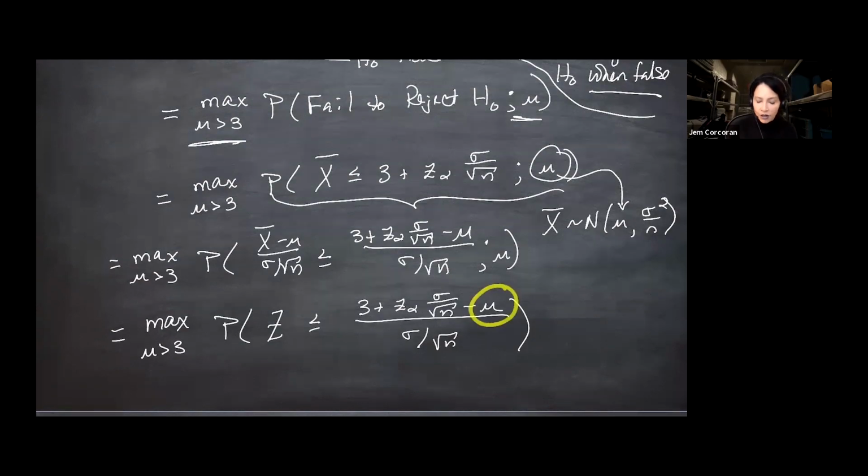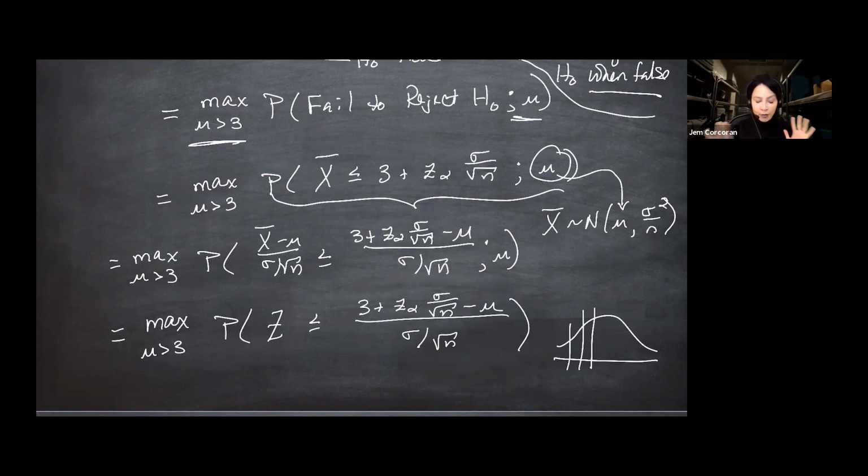As mu gets larger, this number gets smaller, and we have the probability that a standard normal is less than something that's smaller and smaller and smaller, right? So the standard normal is less than this, or is it less than this, or is it less than this? Those probabilities are going down.